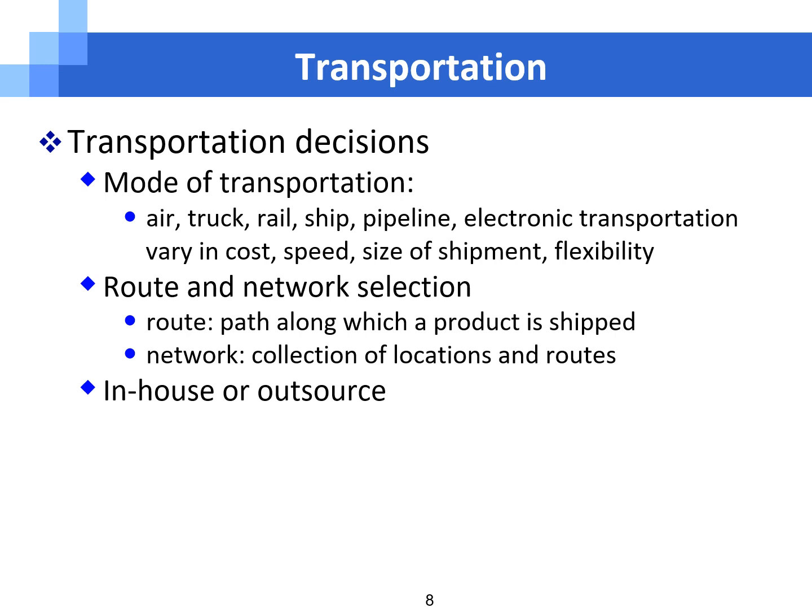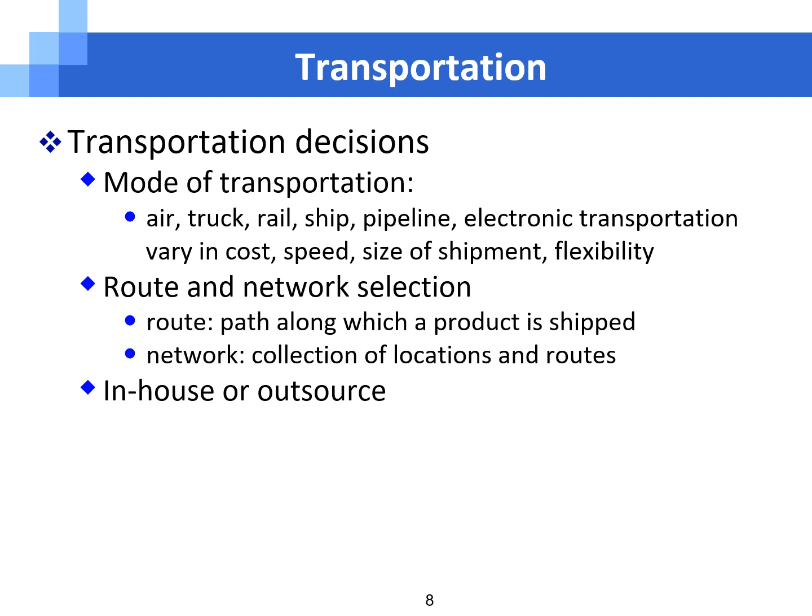Today, information goods can also be sent via the Internet. Each mode has different characteristics with respect to the speed, size of shipments, cost of shipping, and flexibility that lead companies to choose one particular mode over the others.